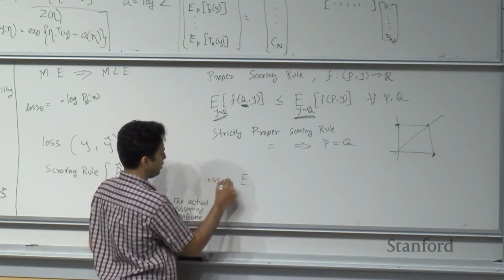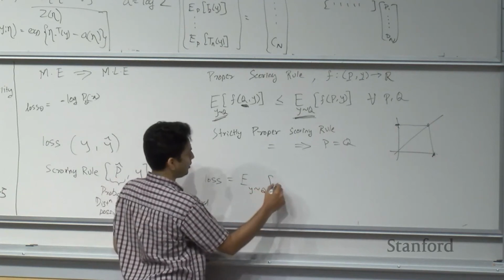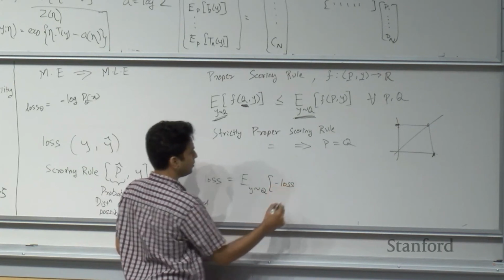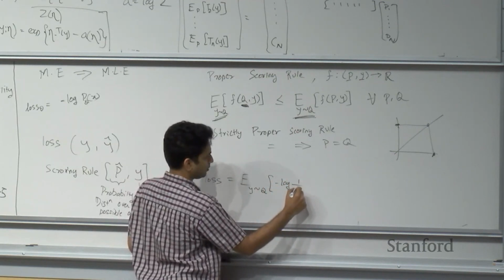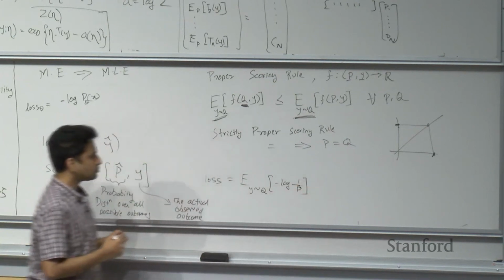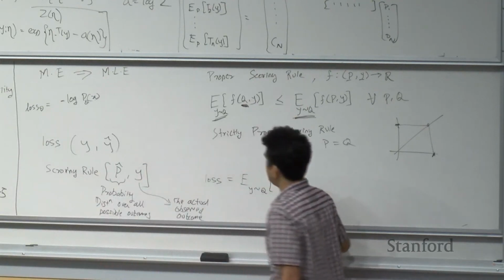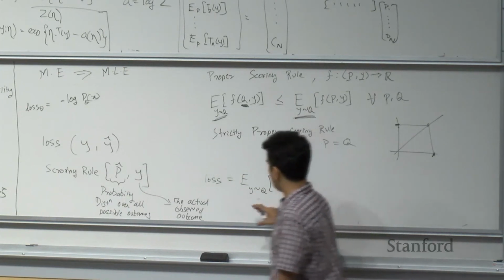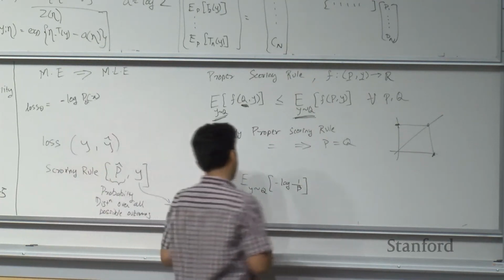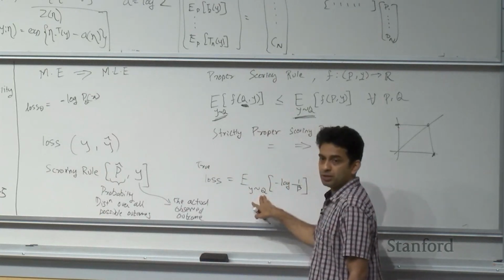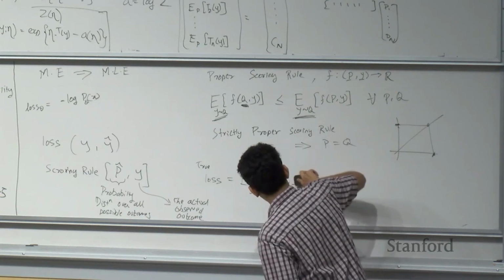In MLE, the loss is the expectation over y coming from Q of minus log 1 over P. Let's think of this as the true loss of maximum likelihood, where y is distributed according to some data generating distribution, and the loss that we have is the negative log likelihood, or sorry, this should be log p hat.